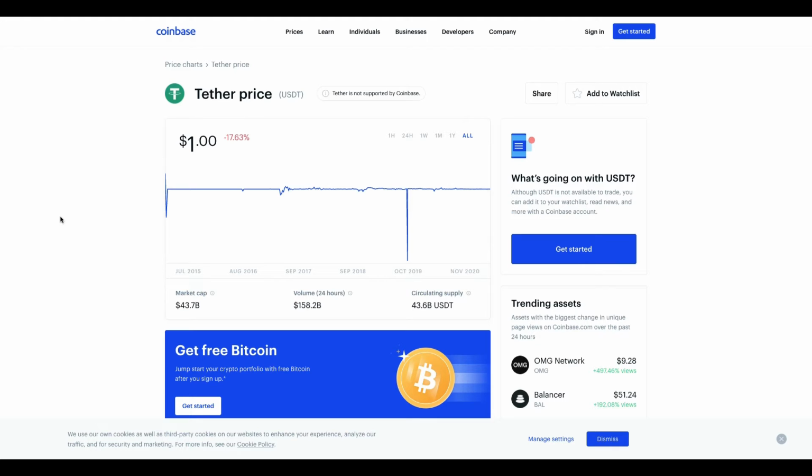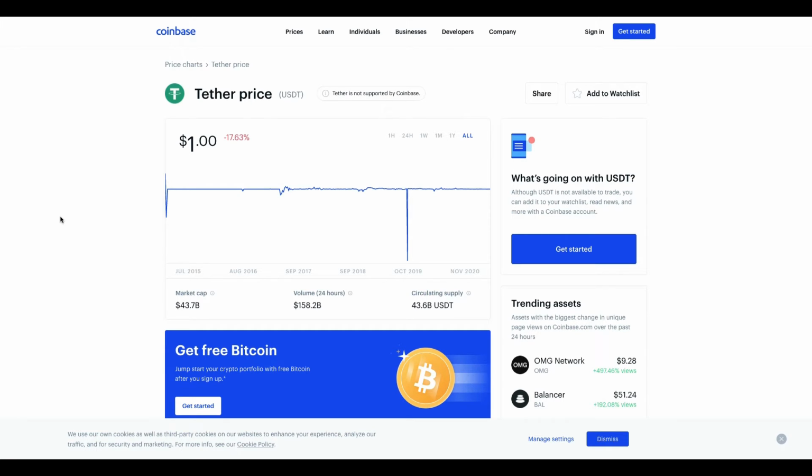Say you have invested in a coin for a long time, something like Bitcoin, you start off with $100, and then you went up to 10K. If you want to get out of Bitcoin, you will put it in a stablecoin such as Tether.